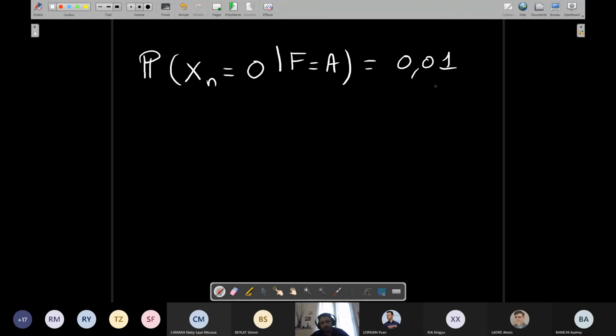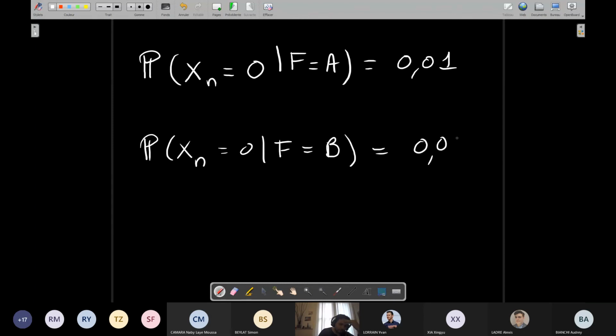Okay, this is data from the problem. And the probability that the state of the nth watch is 0, given that the factory it comes from is B, is 0.005. Okay, this is data of the problem. I know that.